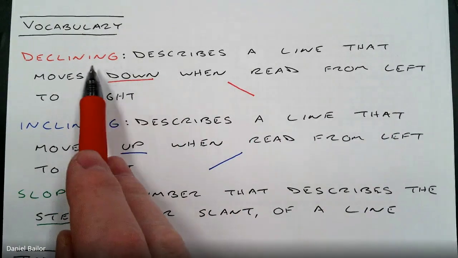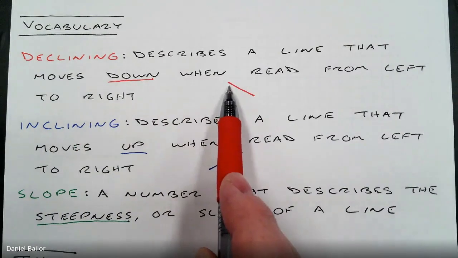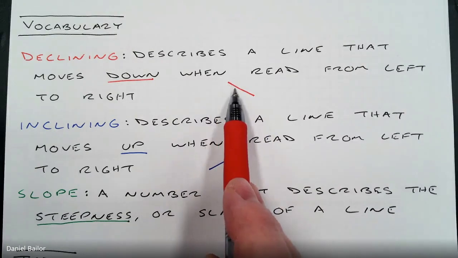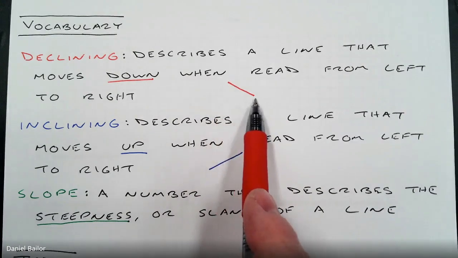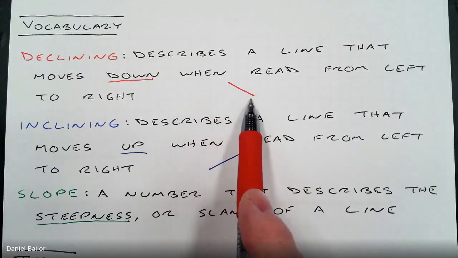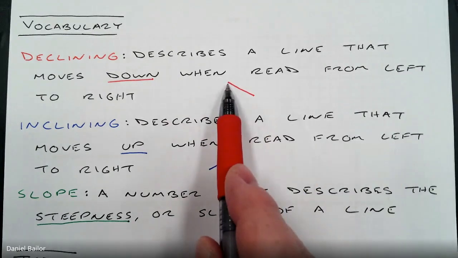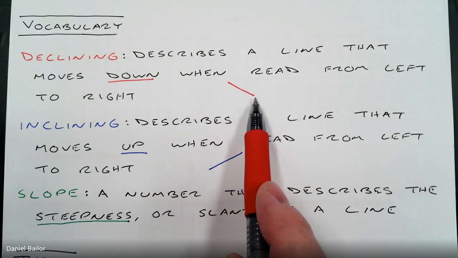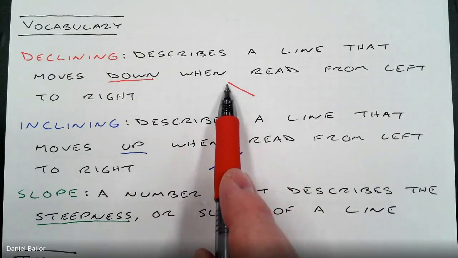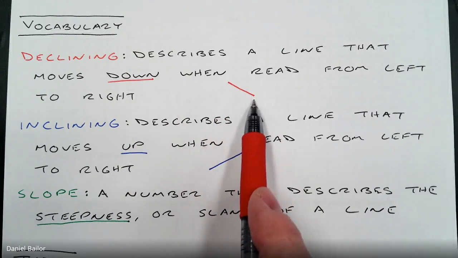So declining means when we go left to right, it goes down. That's declining. It's important that you know we're starting left and going right, because if you read it going right to left, it goes the opposite.